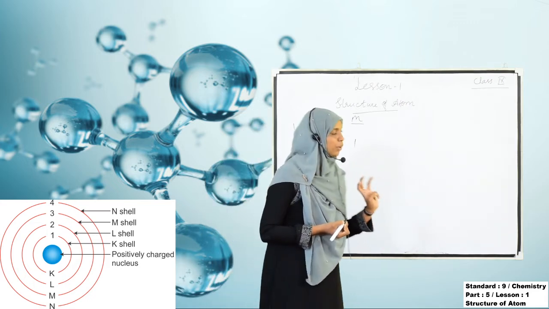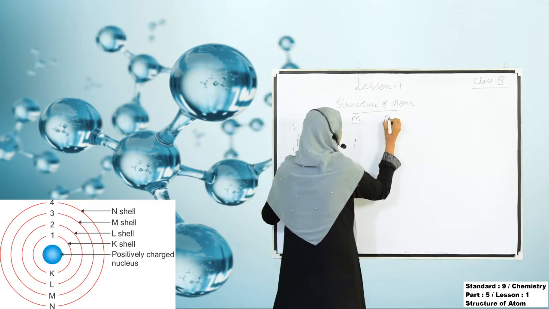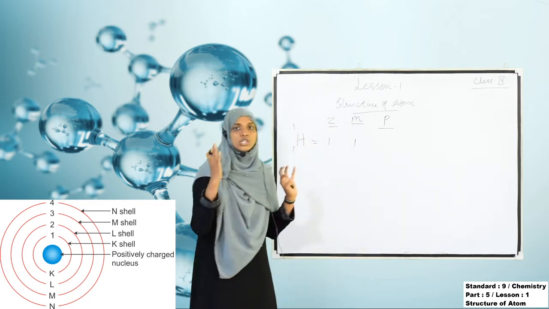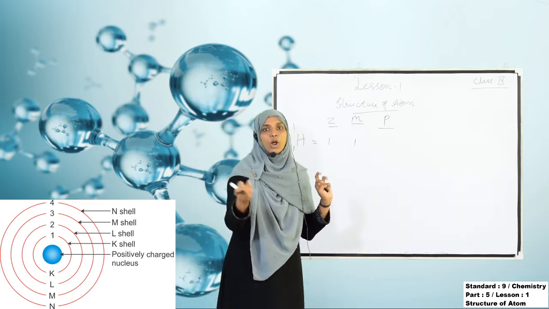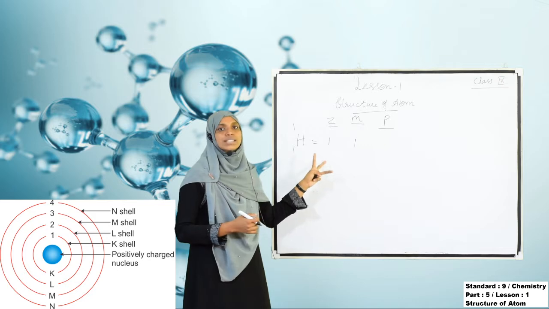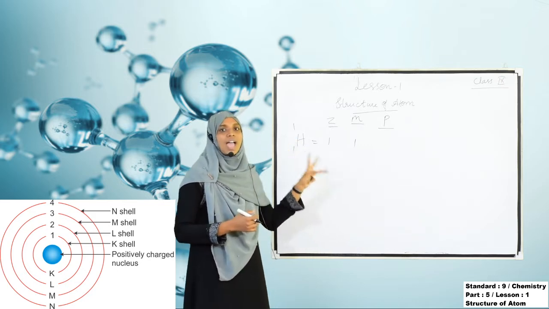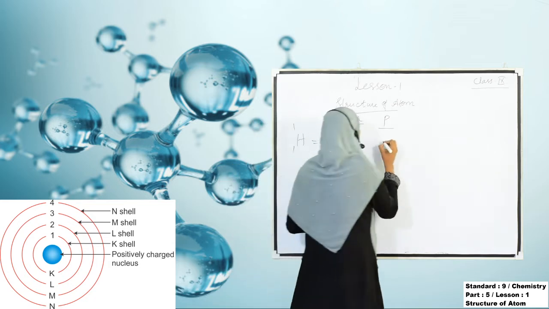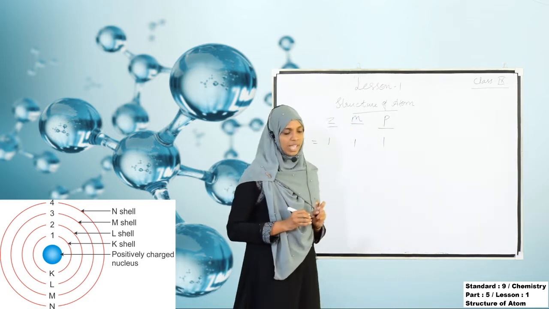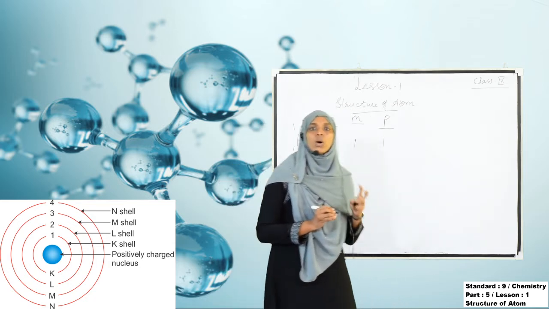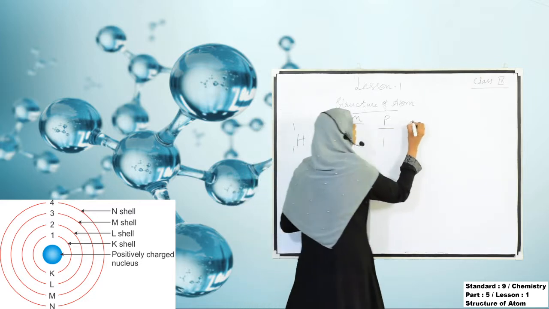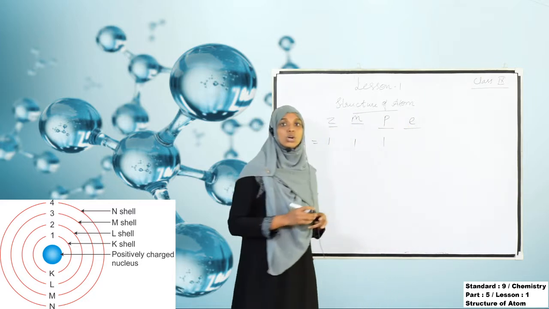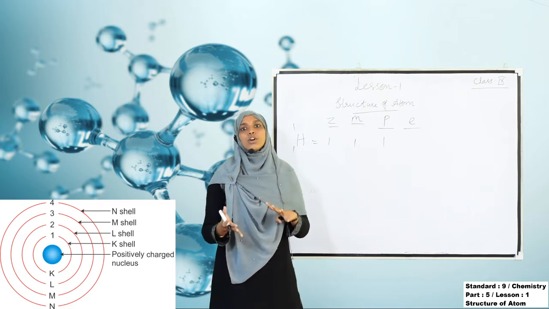And what about the protons? Atomic number is equal to the number of protons. Here the hydrogen's atomic number is 1 and the number of protons is also equal to 1. Then what about the number of electrons? The atomic number is equal to the number of protons and the number of electrons.